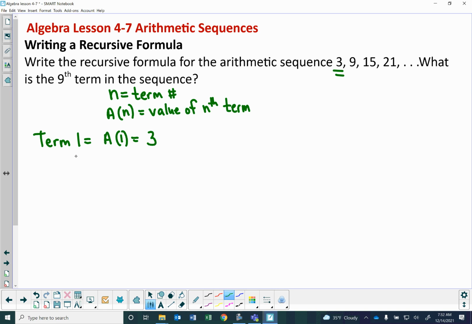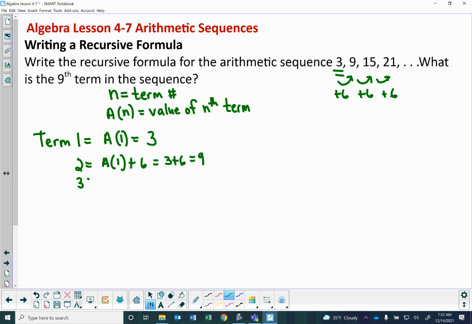Term 2 is going to be a of 1 plus whatever we figure out that this common difference is. Well, from 3 to 9 is 6. From 9 to 15 is 6, and from 15 to 21 is 6. So we're going to have to add a of 1 plus 6, which is 3 plus 6, which is 9.